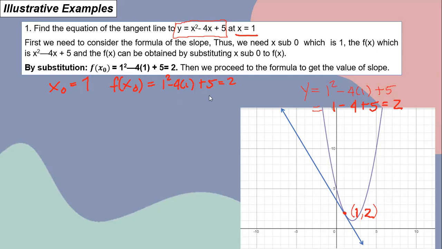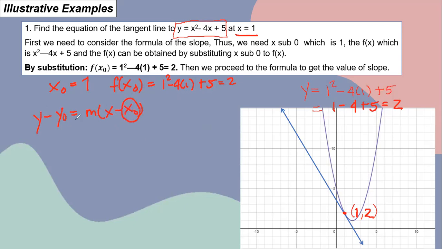So yan po yung mga given. So wala pa tayong slope. So para mabuo natin yung equation ng line, okay? So kailangan natin ng point slope form, di ba? So yung y minus y sub 0 is equal to m times x minus x sub 0.